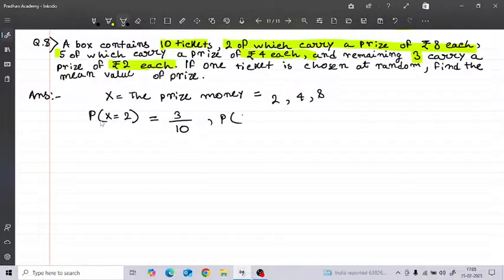Probability of x equals 4: 5 of which carry the prize of rupees 4, so that is 5 by 10. Probability of x equals 8: 2 of which carry rupees 8, so 2 by 10. So our probability distribution function will be, let's make a box.